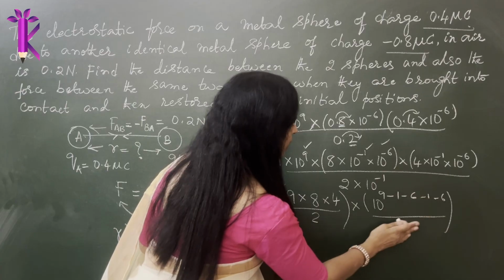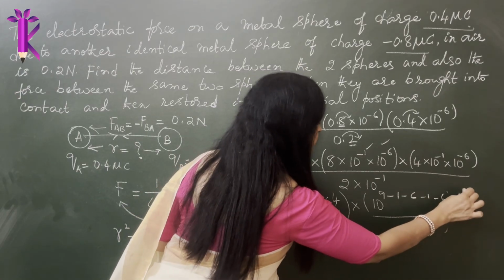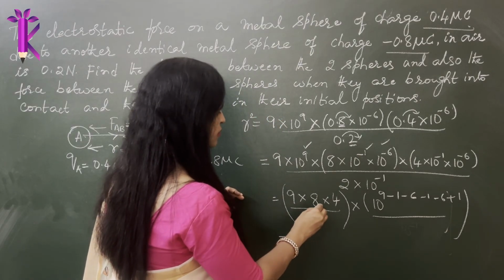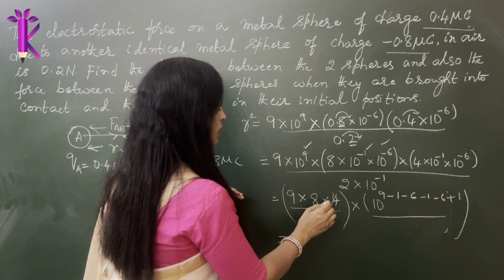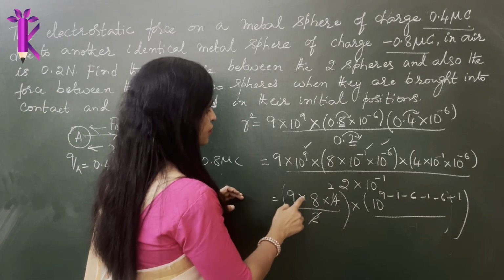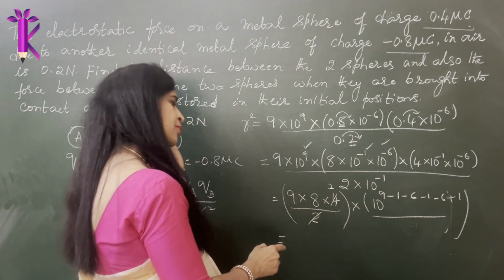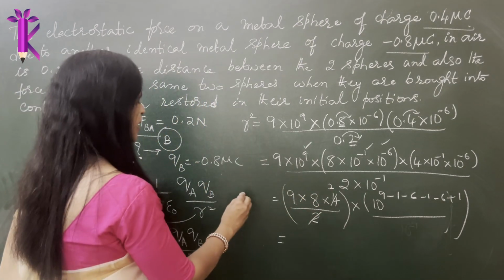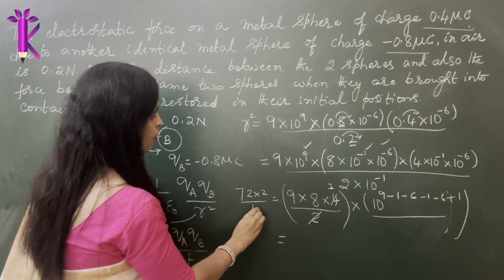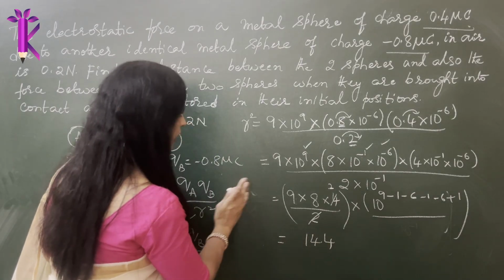This 10 power minus 1, if it goes to the numerator, you can directly write it as plus 1. Now 2 times 1, 2. So this will be 72 into 4, 9 8s are 72, into 4, or 16 times 9, you can do anything. 72 into 2 will be 4, 144. So this will be 144.